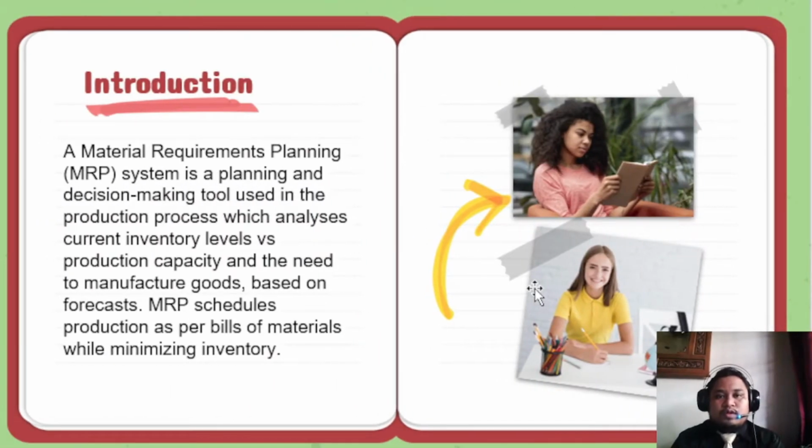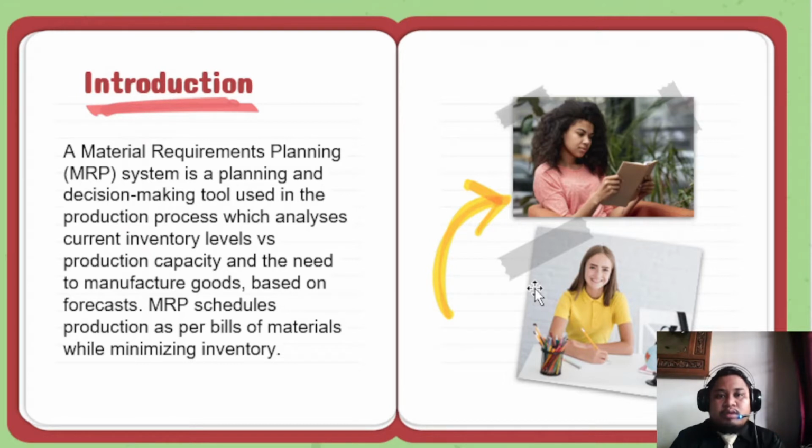So, before we start our topic, we need to know what is MRP. MRP is a system that includes three activities, which are production planning, scheduling, and inventory.